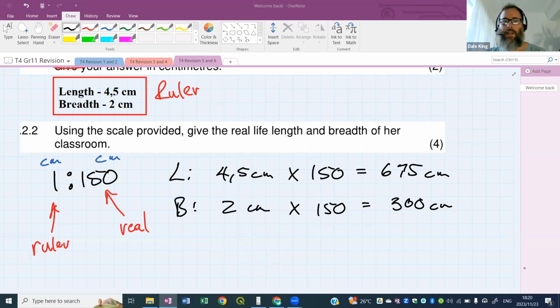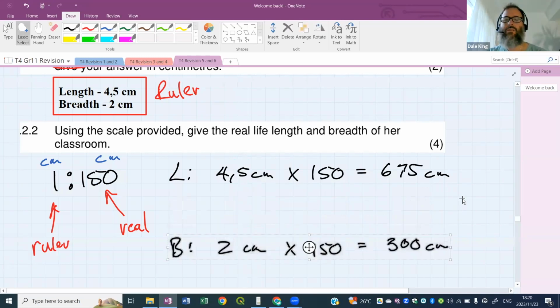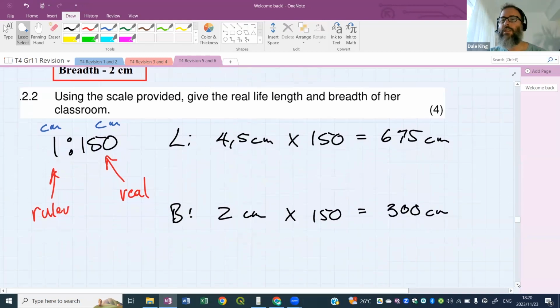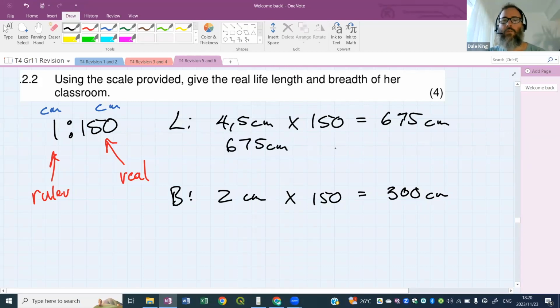All right. But let's say we wanted to convert these into meters, because how do you measure a classroom if not in meters? So let's convert these into meters. How do we do that? What do we do to our 675 centimeters to get to meters? You all know. How many centimeters in a meter? Yes, 100.